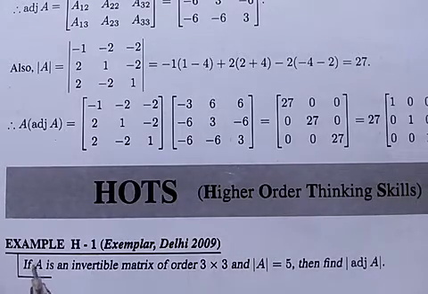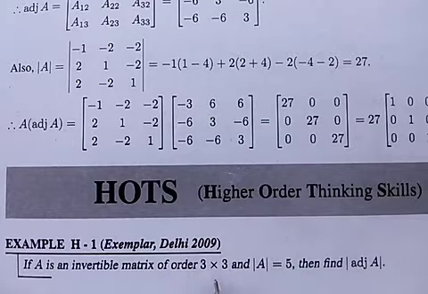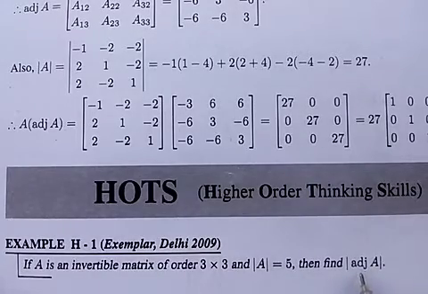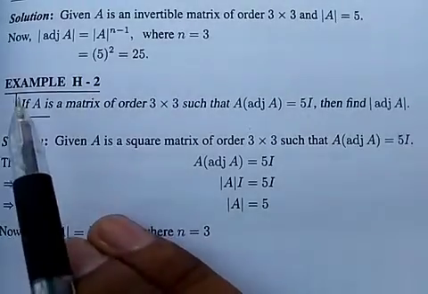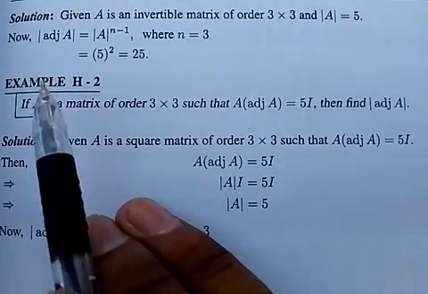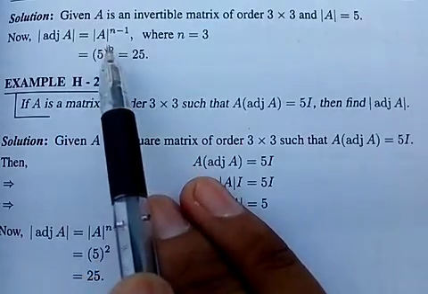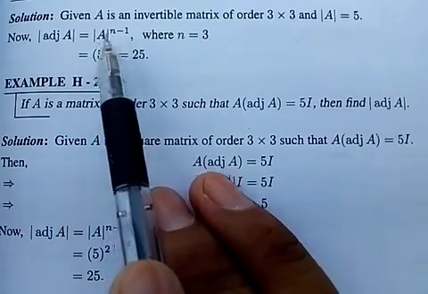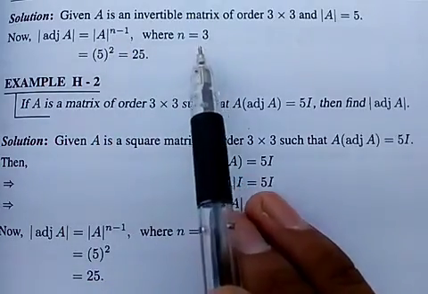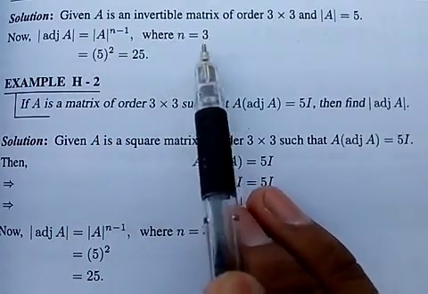Next condition we have: if A is an invertible matrix of order 3 by 3 and determinant of A equal to 5, then find determinant of adjoint A. Applying property of adjoint, we can write determinant of adjoint of A equal to determinant of A power n minus 1, where n equal to 3, where n is the order.